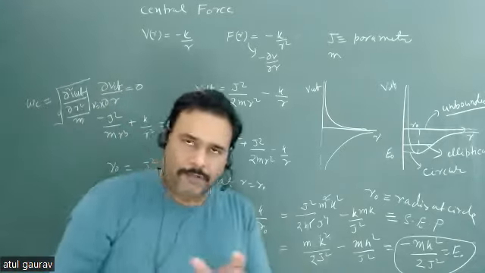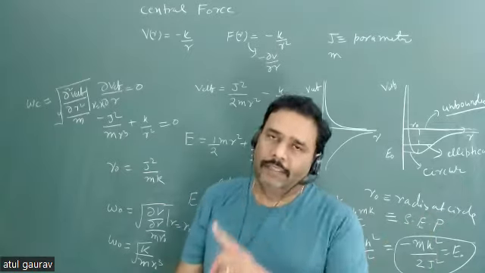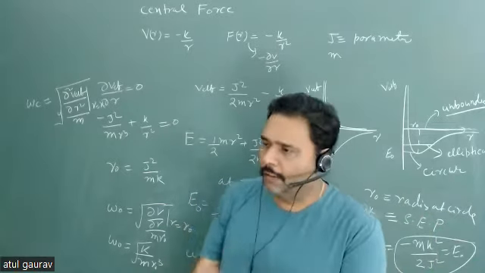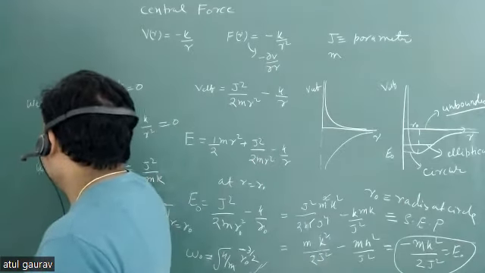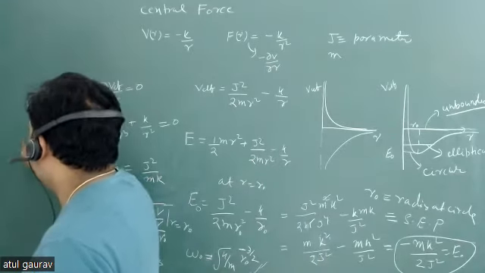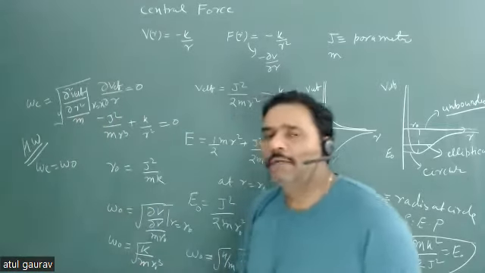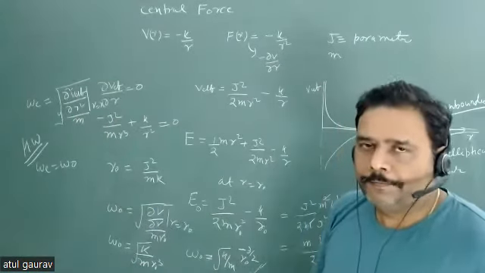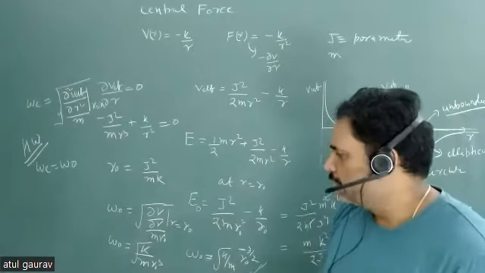Omega e is the angular frequency for the elliptical orbit, which is equivalent to small oscillation. So you can find in this case omega e is equal to omega naught. I am just giving you homework to do this. This is just a practice problem for you. Will you do it? I have done each and everything, so you can do it.